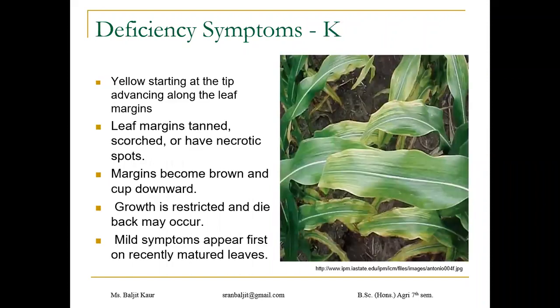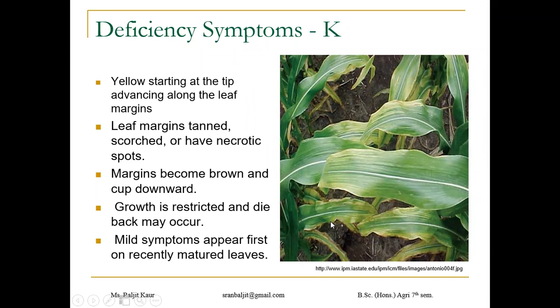Then potassium. With potassium deficiency, the tips and margins of the plant leaves firstly become yellow, and then dead tissues can be noticed. Okay, so in this picture you can see there is yellowing of the margins of the leaf, right? These are the margins of the leaf.